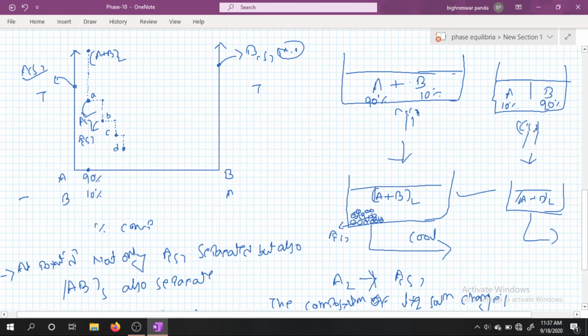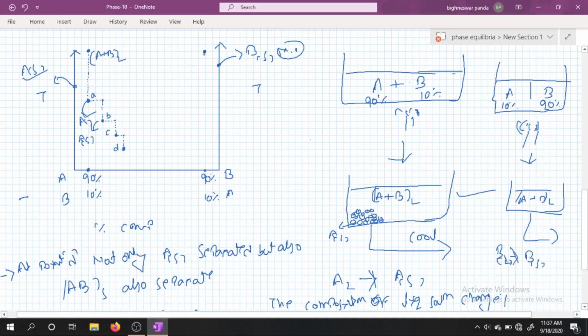Since the composition of B is more, B solidifies first. So consider here is our composition, B is 90%, A is 10%, and I am heating to get A plus B liquid at this composition. When I cool this system, some of the B liquid is converted into B solid.